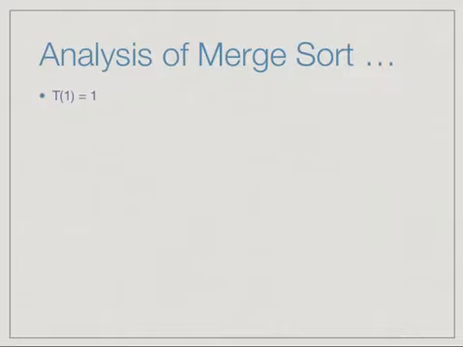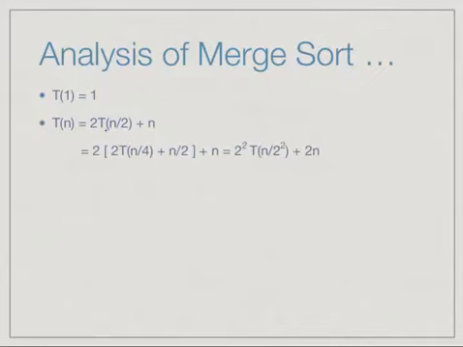So we start with the base case. If we have a list of size 1, then we have nothing to do. So T of 1 is 1. And T of n in general is 2 times T of n by 2 plus n. So if we expand this out, we substitute for T of n by 2, we get 2 times T of n by 4 plus n by 2, because if we take this as the new input, this expands using the same definition.